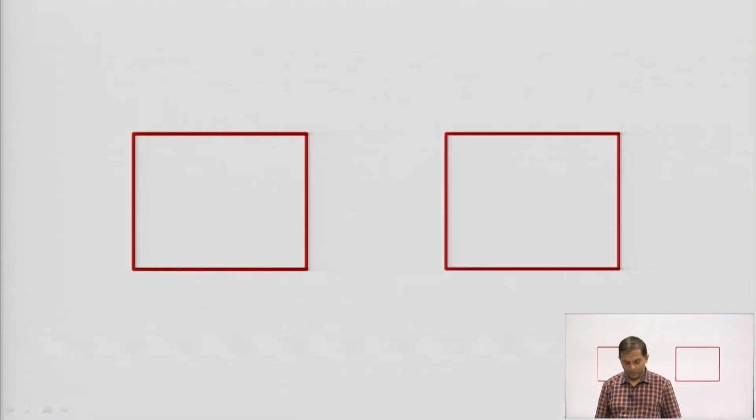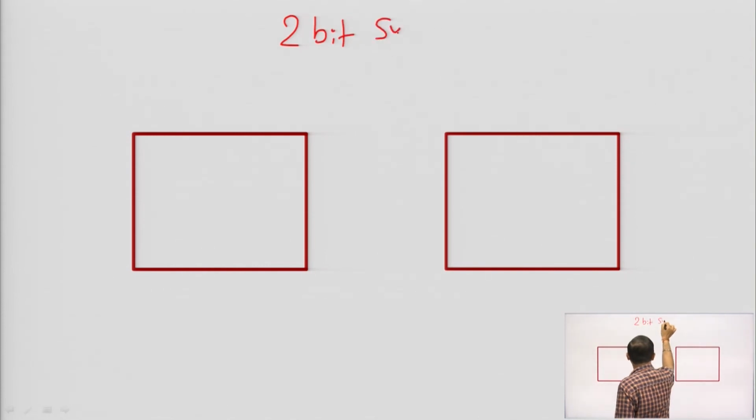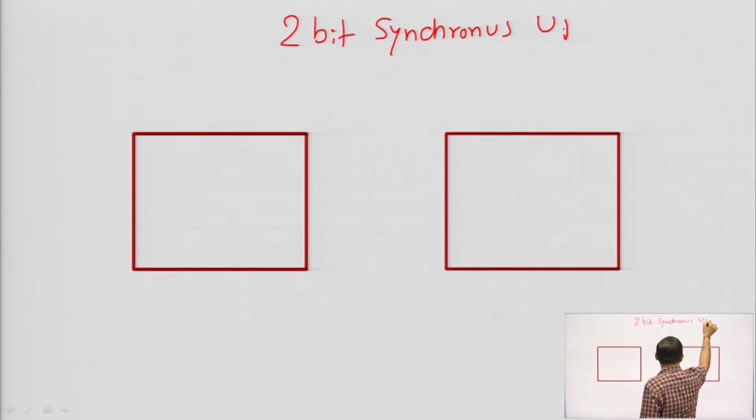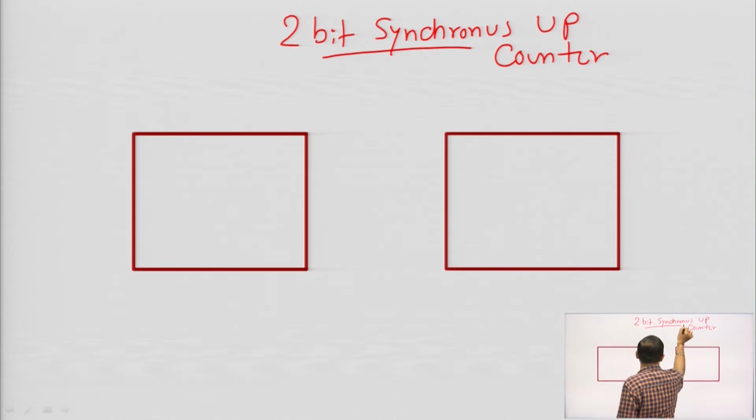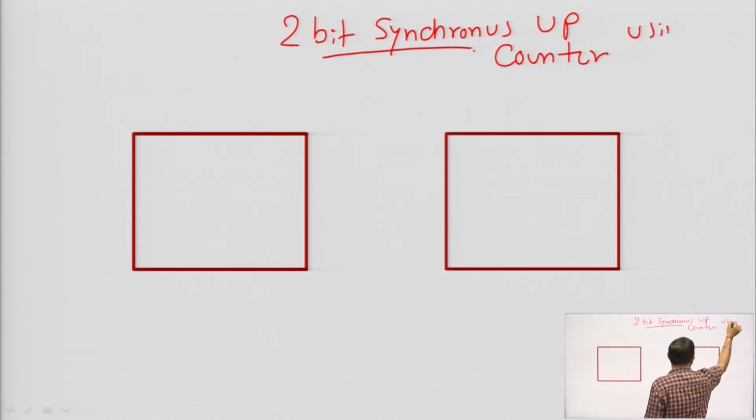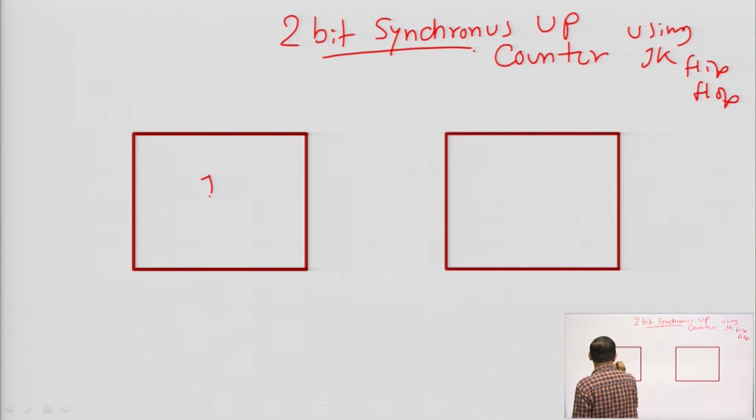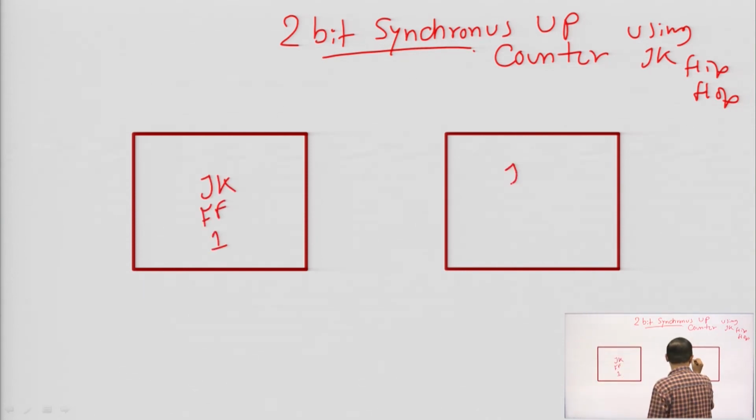So, we have a 2 bit synchronous up counter, using JK flip flops. 2 JK flip flops are there, JK flip flop 1 and JK flip flop 2.